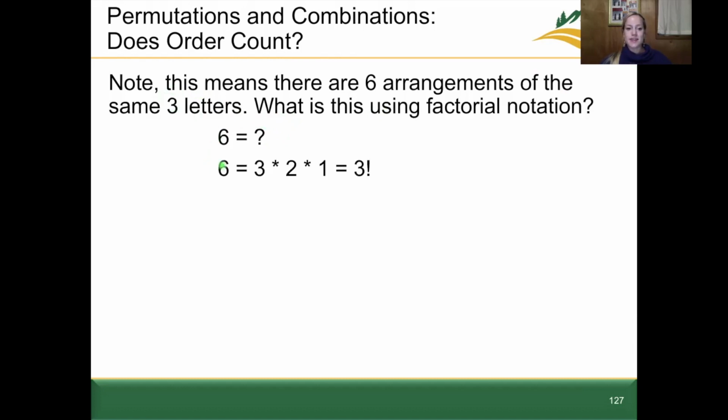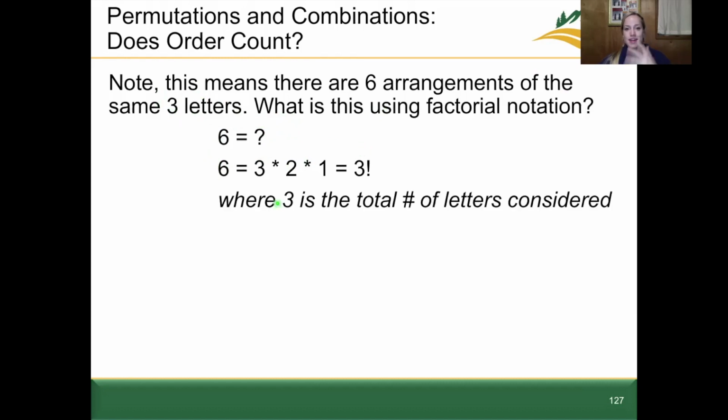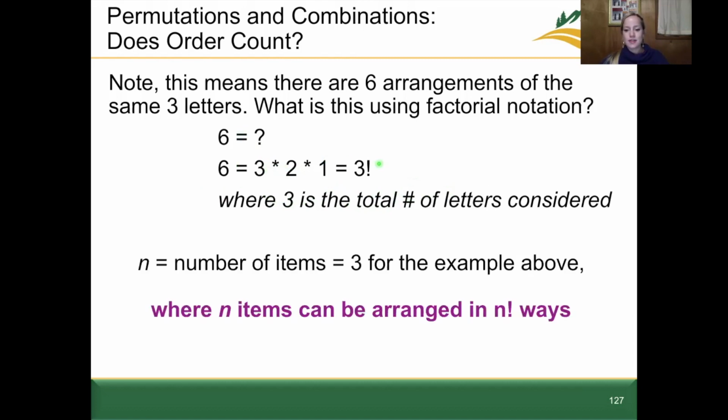So here 6 is equal to 3 times 2 times 1, or 6 itself is equal to 3 factorial. In other words, 3 is the total number of letters being considered. And from this total number of letters considered, we figured out there are 6 arrangements by taking 3 factorial.